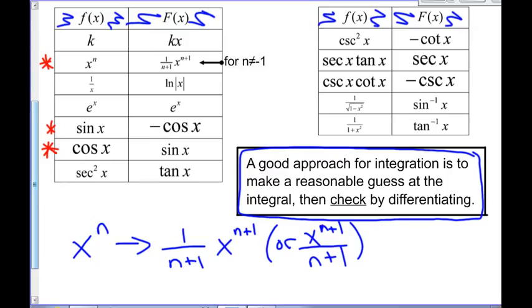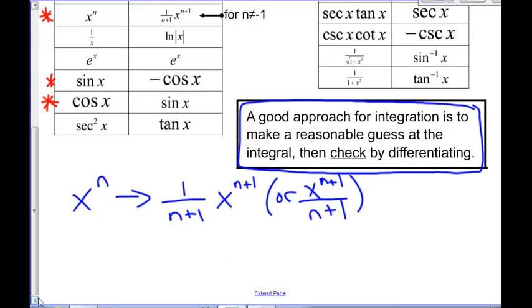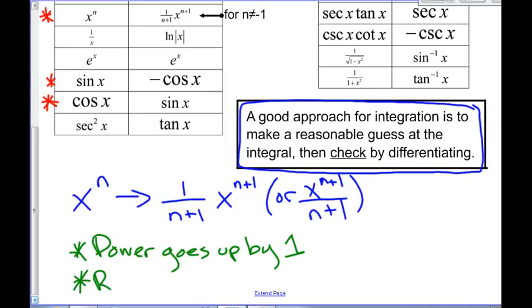But here's what's happening. So let's decode this. It means power goes up by 1. The reciprocal, or flip, of the new power goes out front.